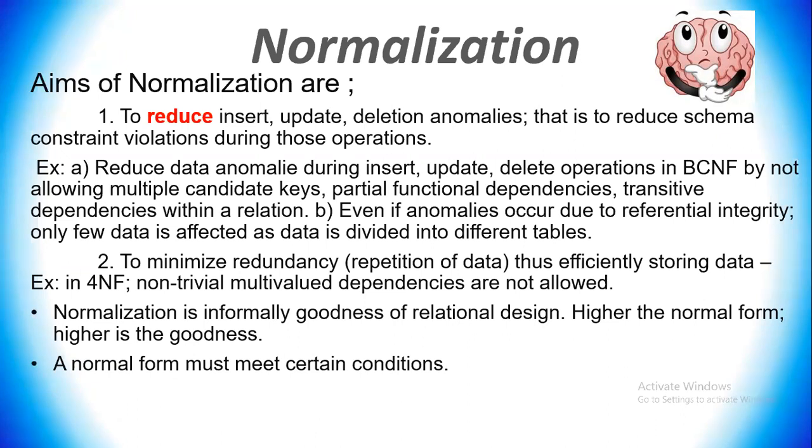There are several normal forms: first normal form, second normal form, third normal form, Boyce-Codd normal form, and fourth normal form. We will discuss up to fourth normal form, and each normal form has different conditions to satisfy. Unless those conditions are satisfied, that table or database will not be in that normal form, right?